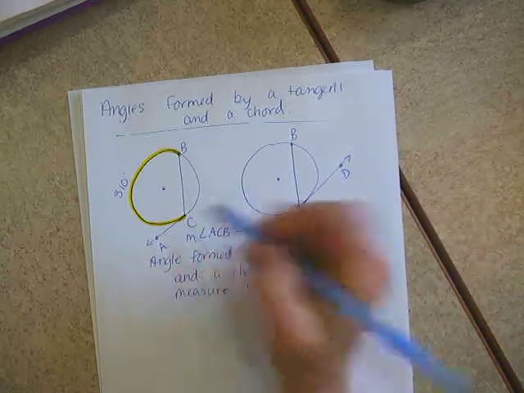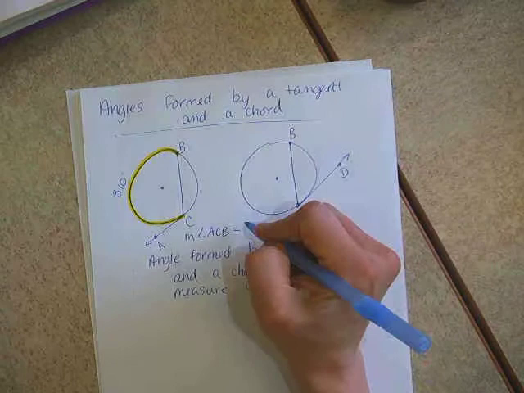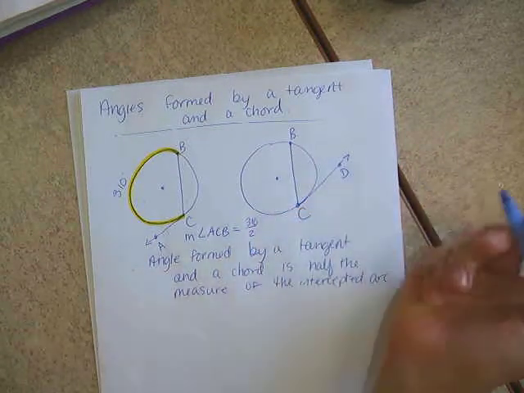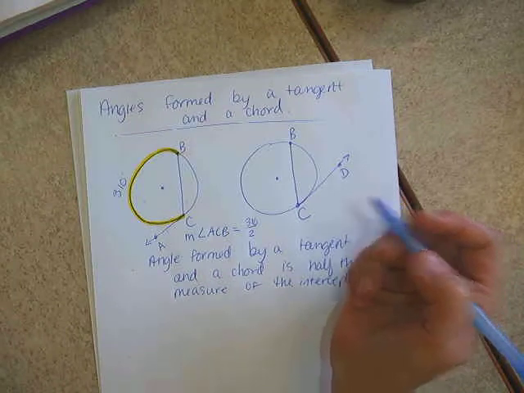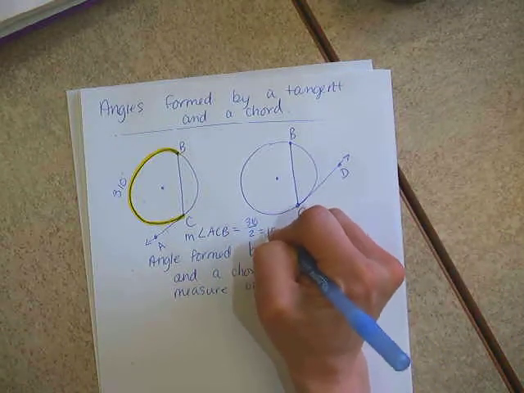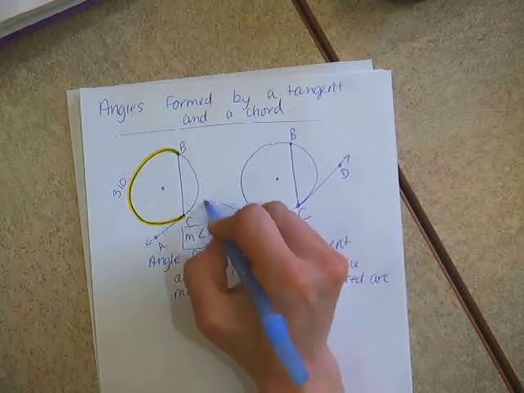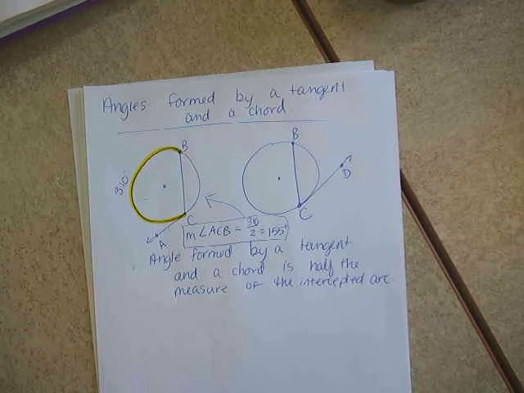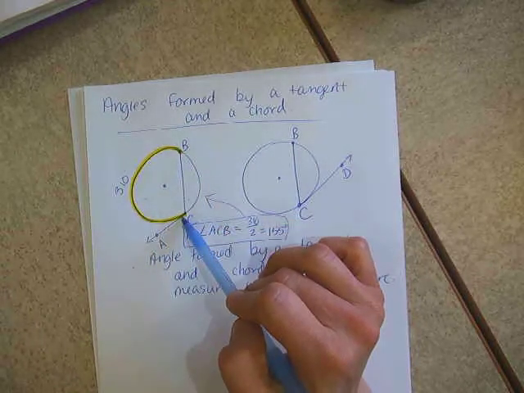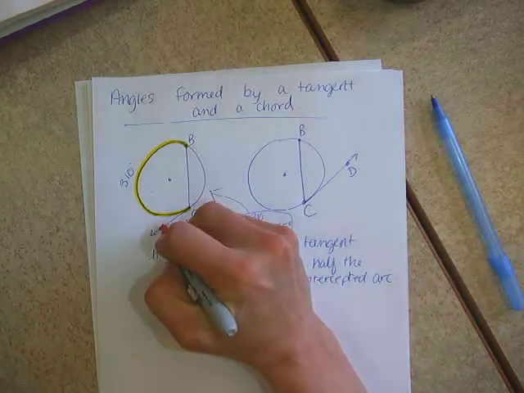So the angle ACB, let's assume that this arc is 310 degrees. Then the measure of the angle should be half of that 310, or 155.